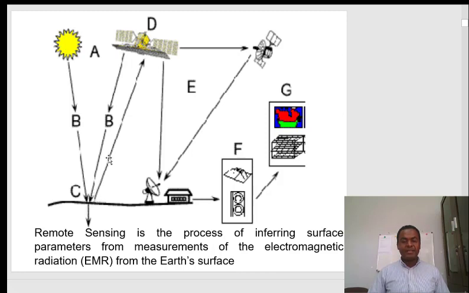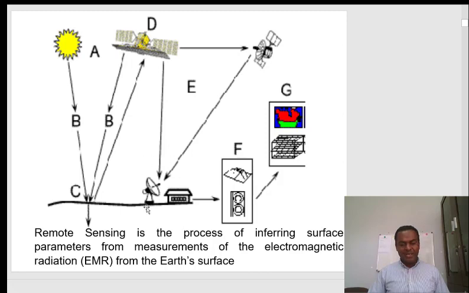So the reflected signal from Earth's objects is going to be sensed by the satellite sensor to be recorded and measured. This recorded and measured signal will be sent to the ground receiving station for further processing, or it may be sent to another satellite for further processing.